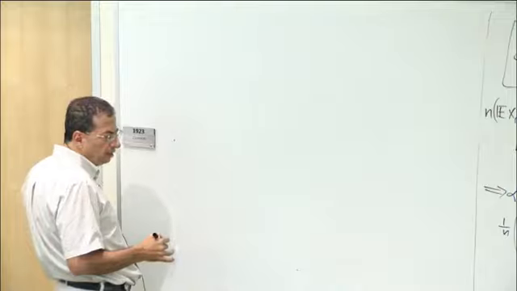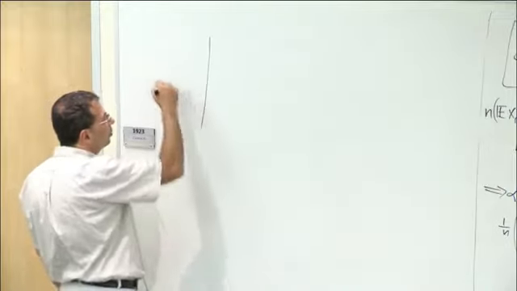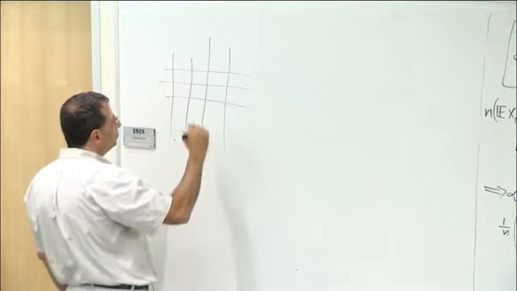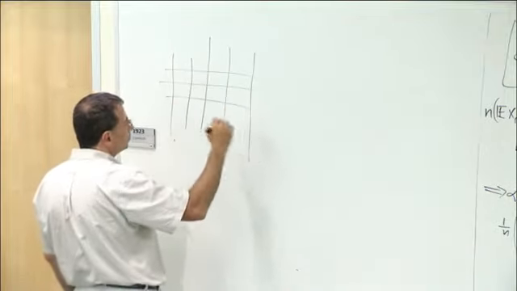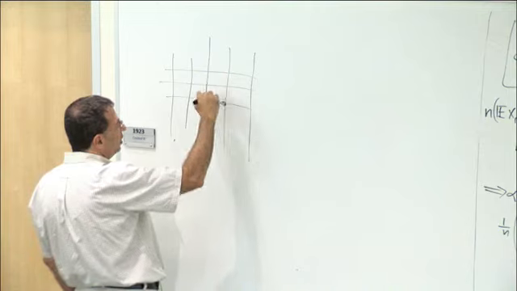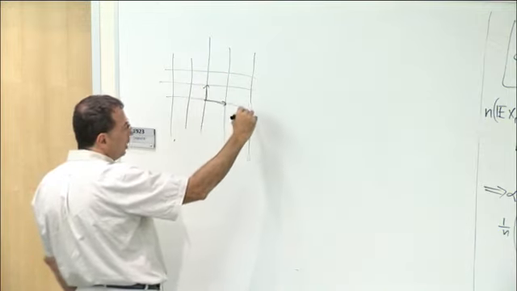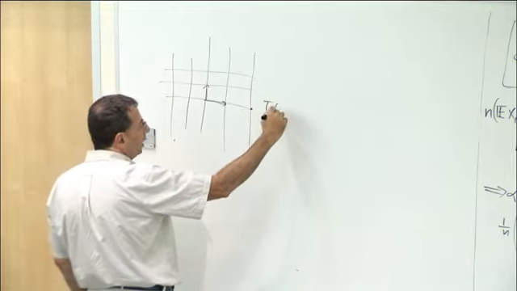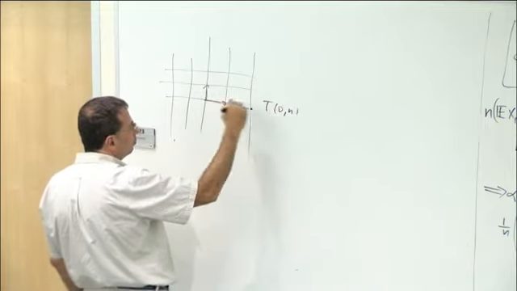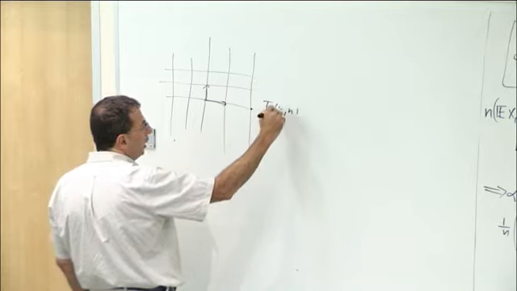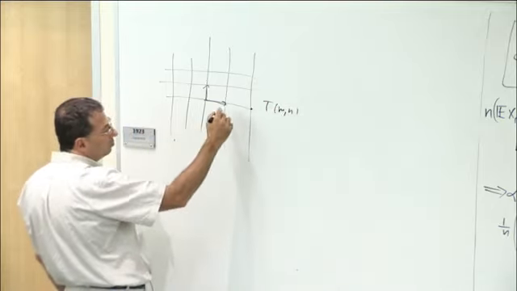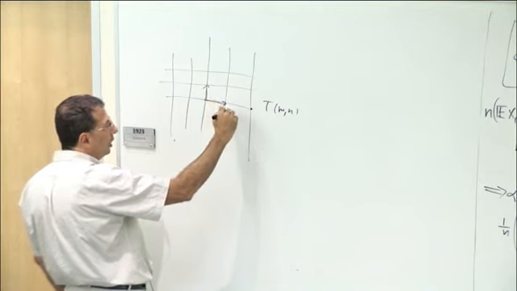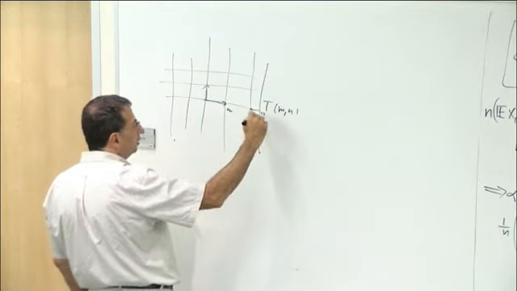One place is first passage percolation, where you have, say, a lattice, and on the edges you have random variables which indicate passage times, and you want to find t of 0n, the time to go from 0 to n. In general, t of mn might be the time to go from m to n on the x-axis.